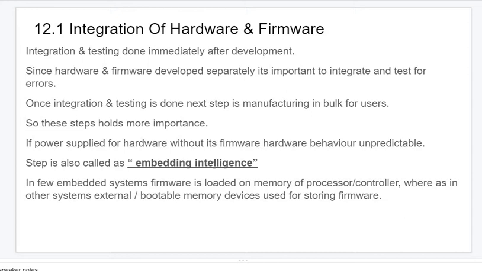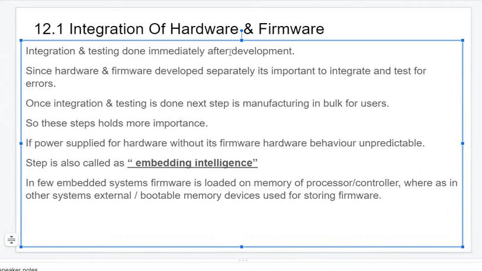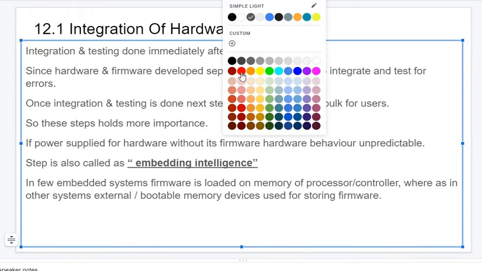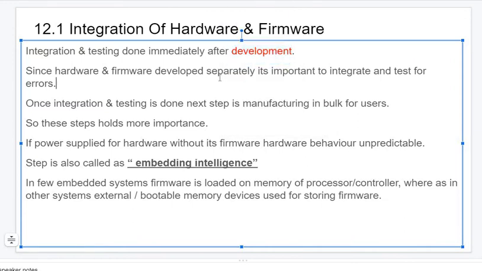That means hardware has no knowledge, and making it knowledgeable is called integration. When do we have to do integration? When we are sure that our development is completely finished. Once the development is completely done, then we can go for integration. Without the completion of development, integration is not correct and not possible.